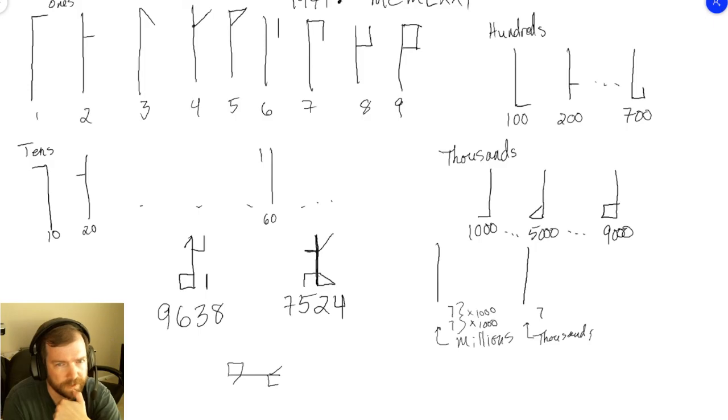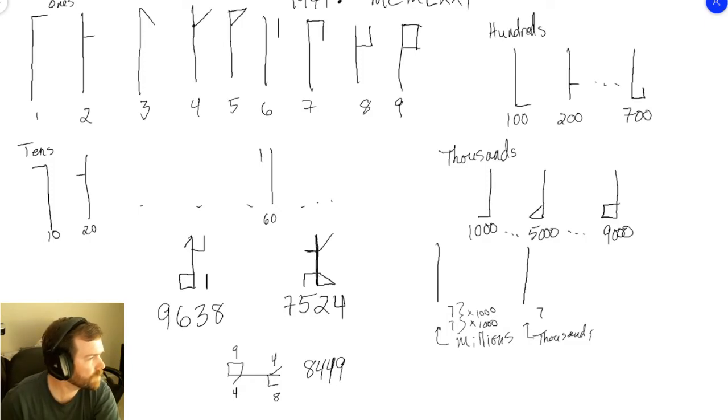So allegedly, this should be then 8. Yeah. 8. Then here is 3. Nope, it's not a 3. That's a 4. 4, 9. So this should be 8, 4, 4, 9 here. Yeah.